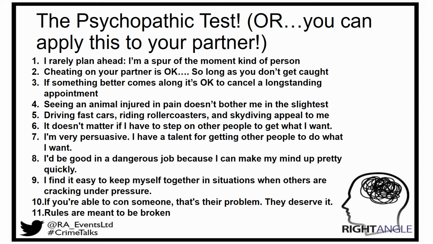I'm a spur of the moment kind of person. So if you strongly agree with that statement, you give it a score of 3. If you agree, you give it a score of 2. If you disagree, you give it a score of 1. And if you strongly disagree, you give it a score of 0, and go right the way through all 11 questions.